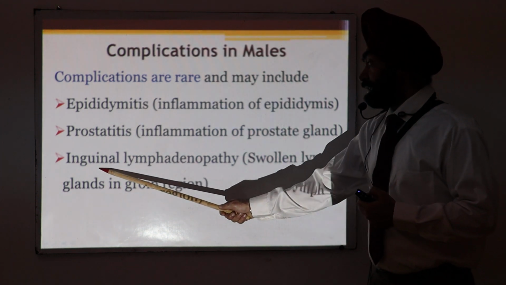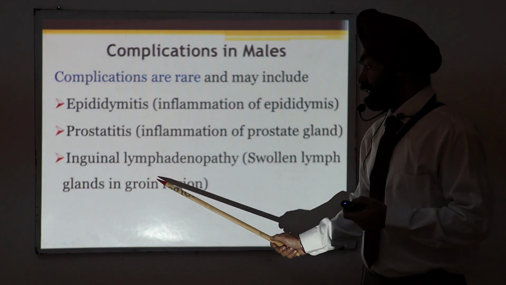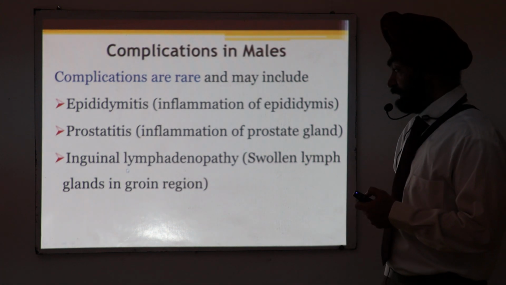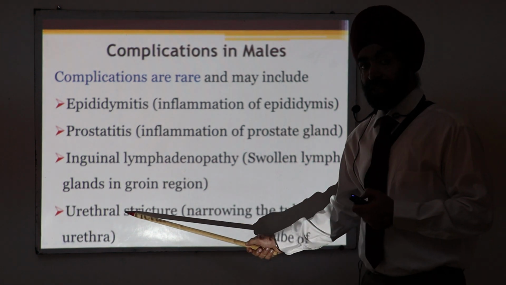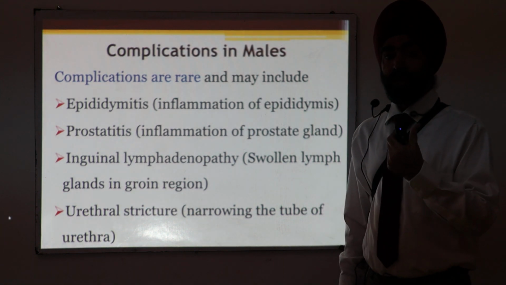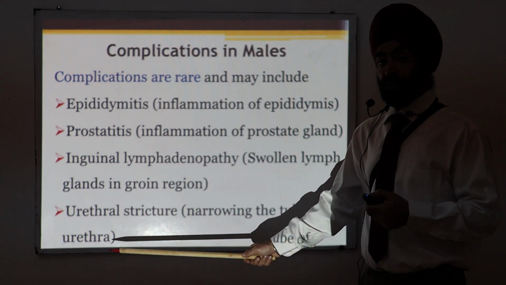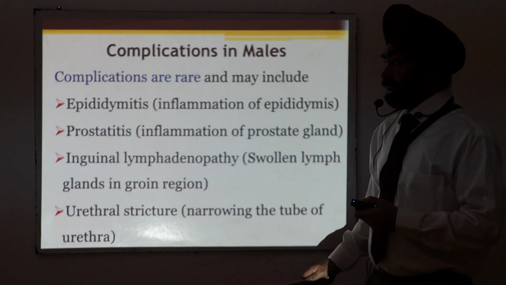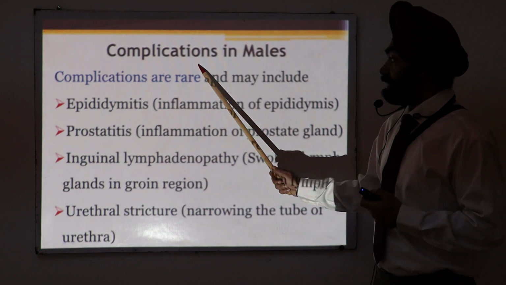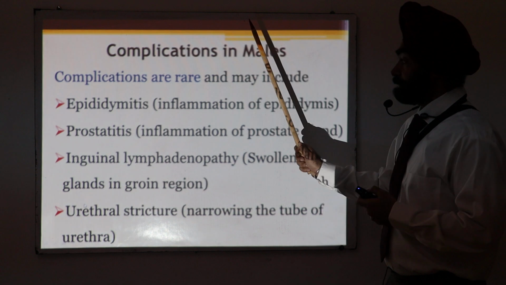Then inguinal lymphadenopathy, that is lymph nodes swollen in the groin region. Then urethral stricture, that means the urethra narrows down, narrowing of the tube of the urethra, which will ultimately impair urination. These complications are rare in males.